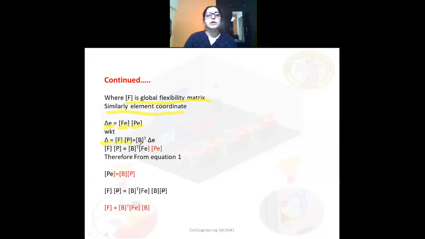We also know that delta is equal to B transpose into delta E. So therefore, F into P is equal to, in place of delta, I can write B transpose, and in place of delta E, I can write the element flexibility matrix Fe into PE, that is the element force matrix.